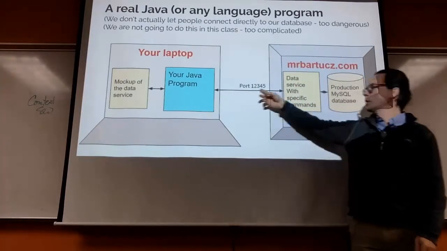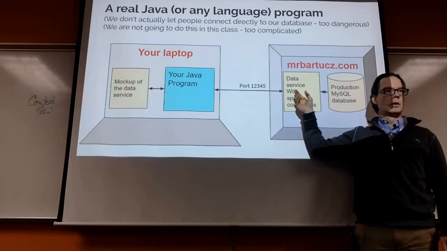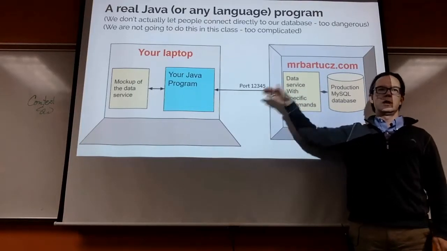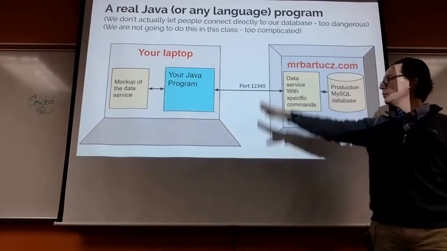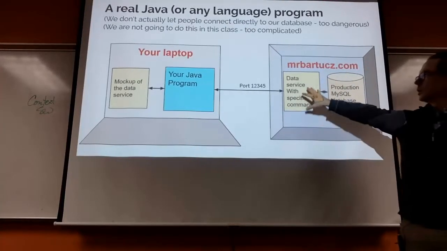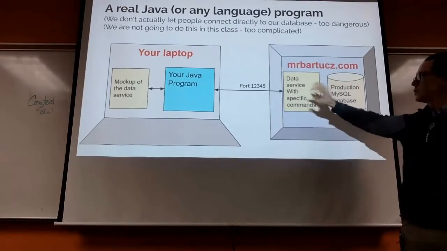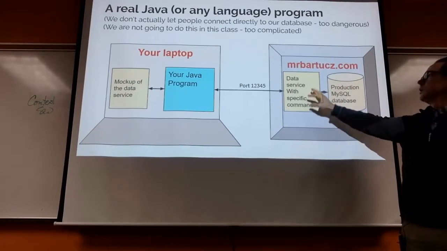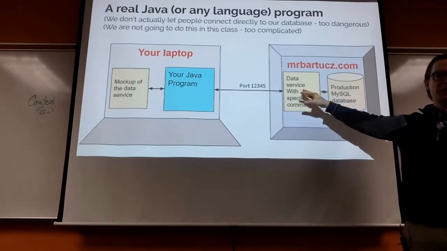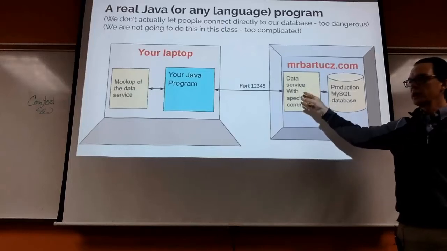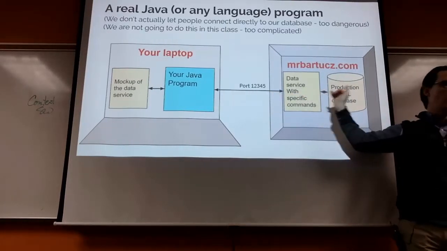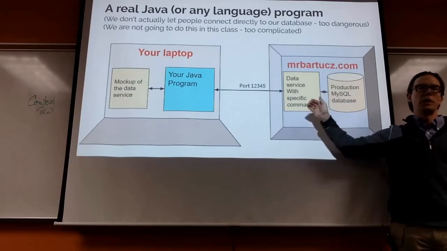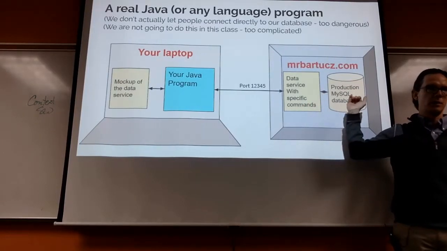It accesses some other little program that just sends the information that it's allowed to get. So this is the way that you would do it in the real world: if you're just trying to get data from a database, you would write a little program here, kind of as an intermediary, that only lets people see what you want them to see. You don't want to give people access to your entire database.